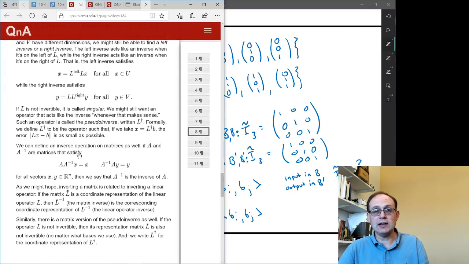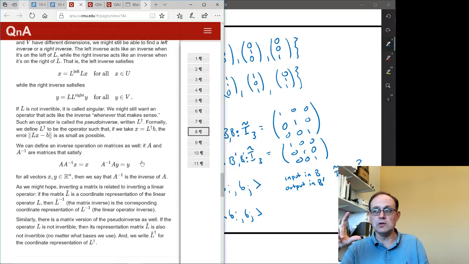All right, just like the inverse on linear operators, we can define an inverse operation on matrices. It satisfies essentially the same set of equations. And as you might expect, matrix inverse and linear operator inverse are related. If you have a linear operator L whose coordinate representation is L tilde, and if you take the linear operator inverse to get L inverse, or if you take the matrix inverse of L tilde to get L tilde inverse, then L tilde inverse is the coordinate representation of L inverse, right?